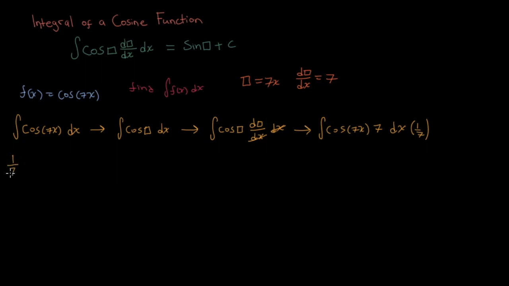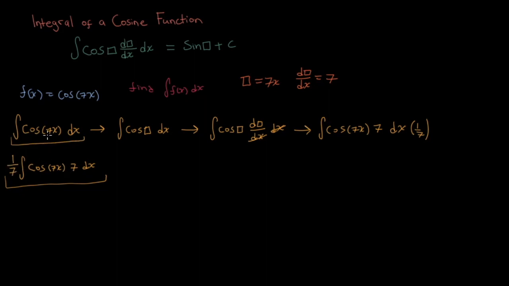1 over 7 times cos of 7x times 7 dx. And now we are ready to integrate it. This is the ideal form, because this entire expression hasn't changed from the original. It still equals this.